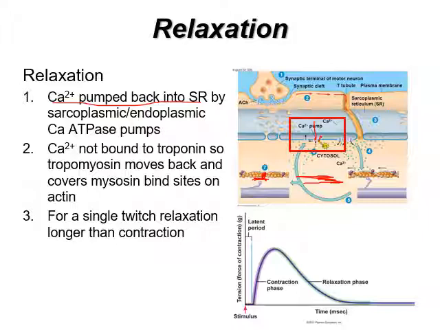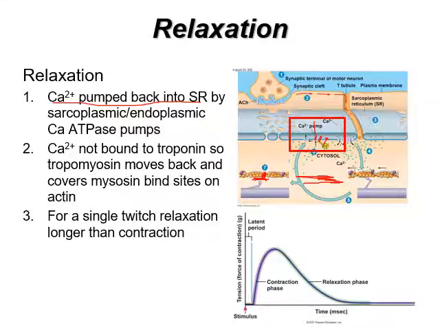So to get contraction, we open up those channels and calcium rushes out, and then to get relaxation, we have to use energy, ATP, to pump the calcium back into the sarcoplasmic reticulum. Which of those two events do you think is faster? Opening the channel and calcium rushing out, or having calcium being pumped back into the sarcoplasm? Yeah, the rushing out is much quicker.